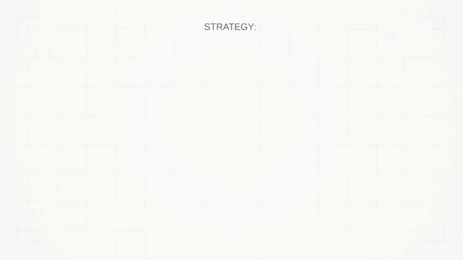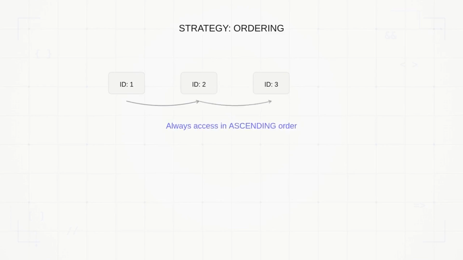The most effective way to prevent deadlocks is to enforce a strict ordering of resource access. If every process in your application agrees to always lock row A before row B, a deadlock becomes mathematically impossible. In this scenario, if transaction 1 holds row A and transaction 2 wants it, transaction 2 will wait at the start line rather than getting halfway through and creating a cycle.